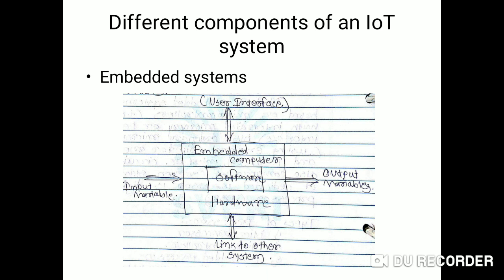Now let's begin with the first component of IoT. The first component of IoT is the embedded system.